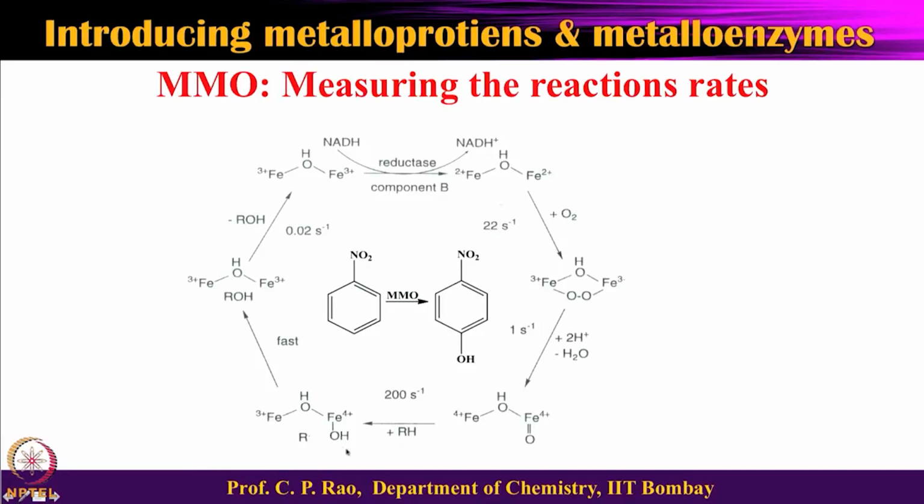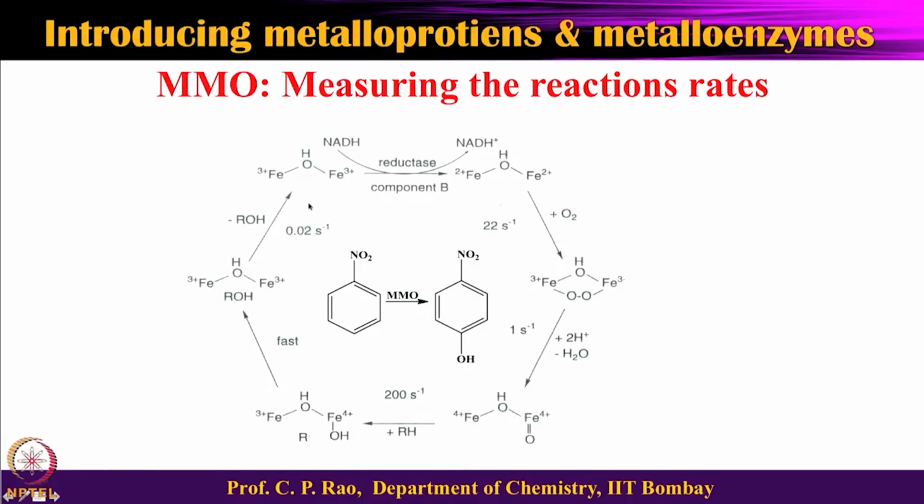So, this part will take out basically this is from the bridging, this is from this, of which one of the O will go as water, because 2 hydrogens are there, H plus are there, and the other one is now converted to the substrate. So, the substrate which is bound in the vicinity will form a radical and then pick up this hydroxyl, and therefore, it will go into this.